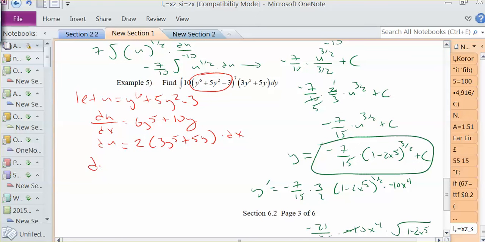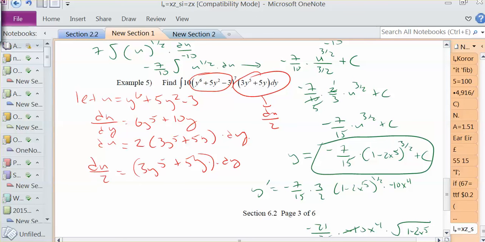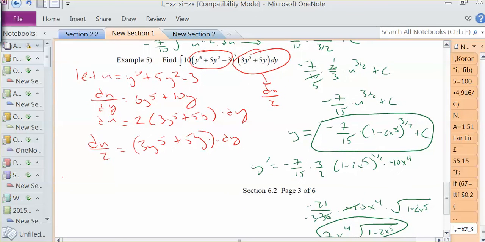So du over 2 equals 3y to the fifth plus 5y. Oh, sorry. That's why I've got to pay attention to the variables. I meant to say dy. Yikes. Even I make those mistakes. There we go. So we see that that's just going to be du over 2. That portion right there. That's why this is called integration by substitution.